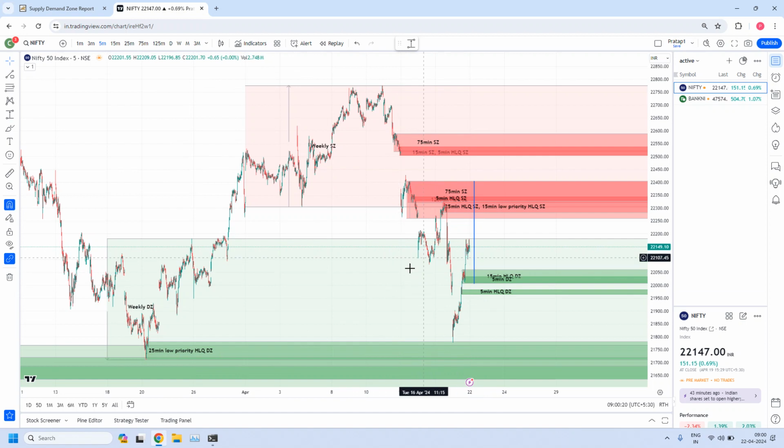Initially, they made sure the daily zone, 75-minute zone, everything was violated within this. And people were feeling, okay, the supply is very strong, and might have gone for short orders. Because some of these daily and 75-minute zones were violated, stop losses would have triggered.